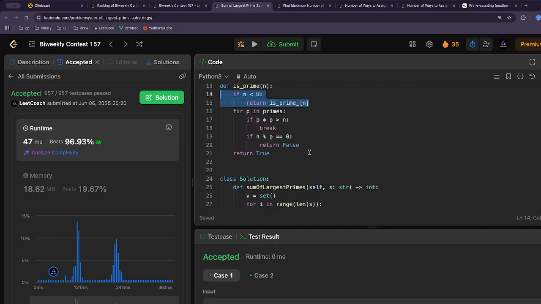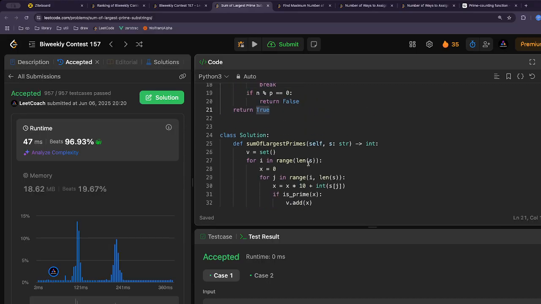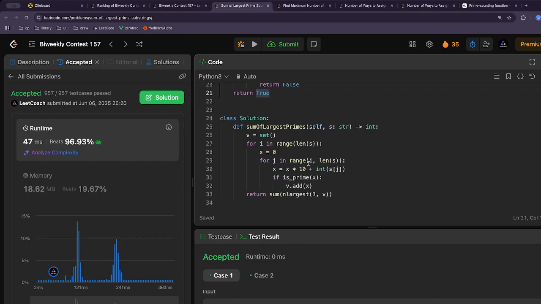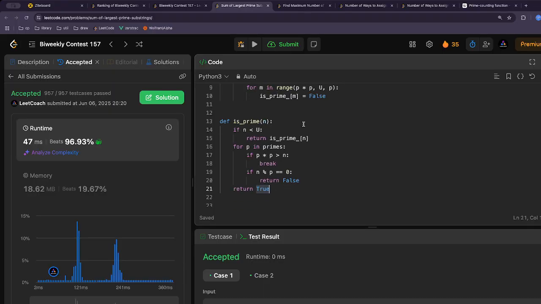All right, so, well, notice that there are better algorithms for doing prime tests. So this is the most basic one, which is trial division, it's called.